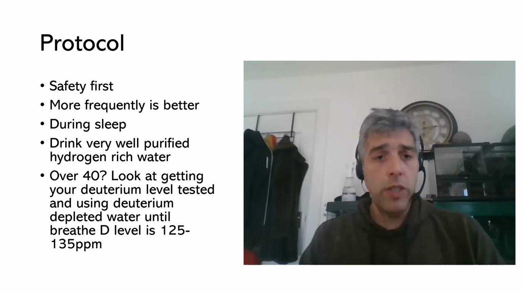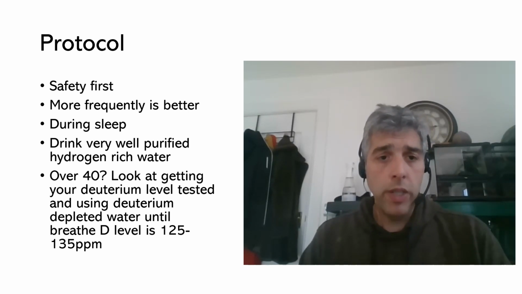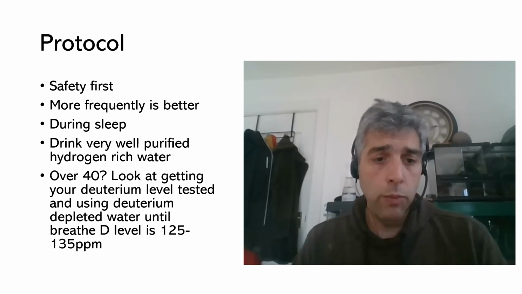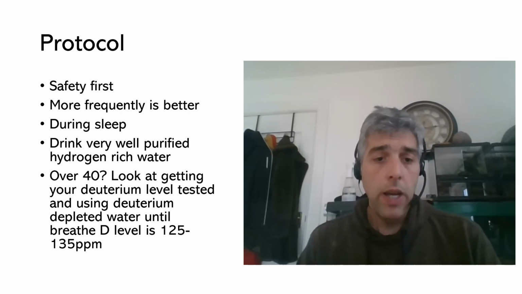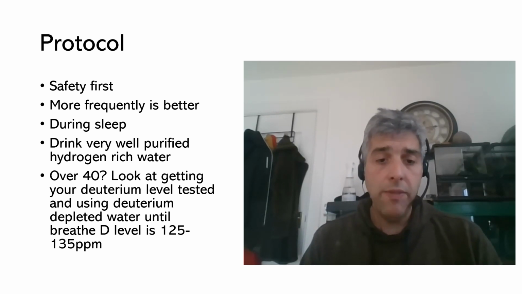You get a breathing machine to use hydrogen and Brown's gas in the best way possible, but also you drink water, so you should also drink very well purified hydrogen rich water. That's what we recommend, unless perhaps you are looking to do a deuterium depletion, deuterium being heavy hydrogen, being responsible for destructive biological processes.